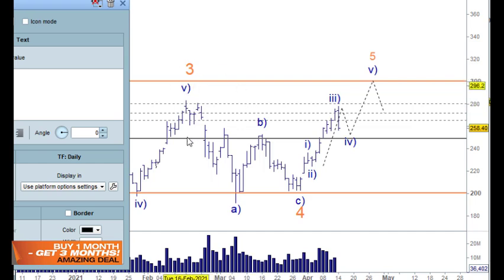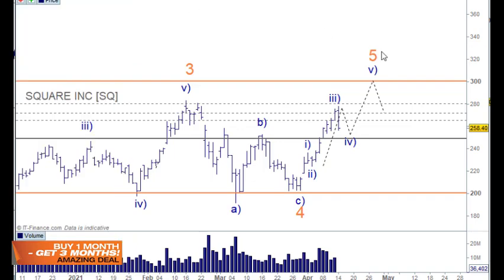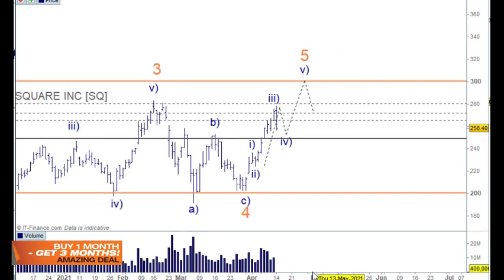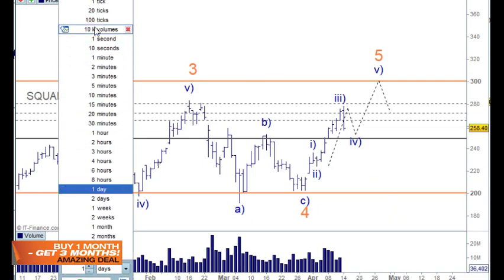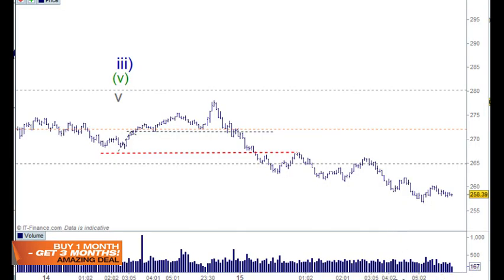These small labelings are here because when they updated the platform, everything just shrunk. So this could be a wave 4 pulling back down here, or the whole thing could be a B wave. All of this could be an ABC, an A wave here, a B wave here, and a C wave down here. I don't think so, but let's just see how it plays out here on this 100 ticks.